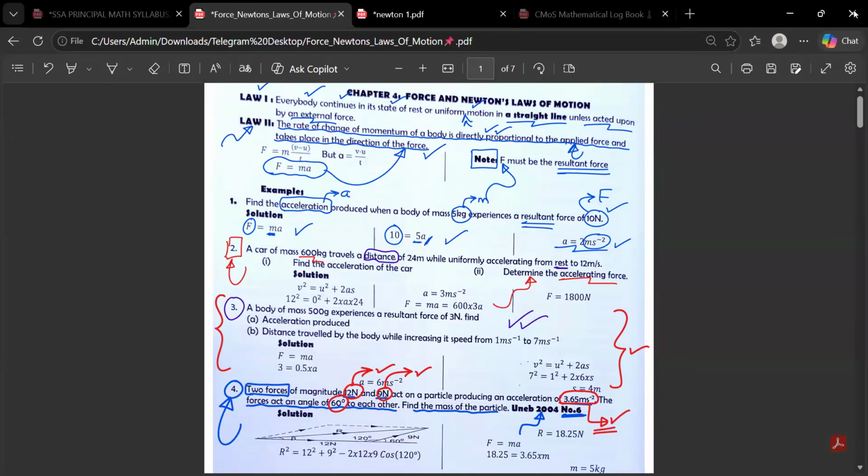I think this is the question. A body of mass 200 grams experiences a resultant force of 7 newtons.